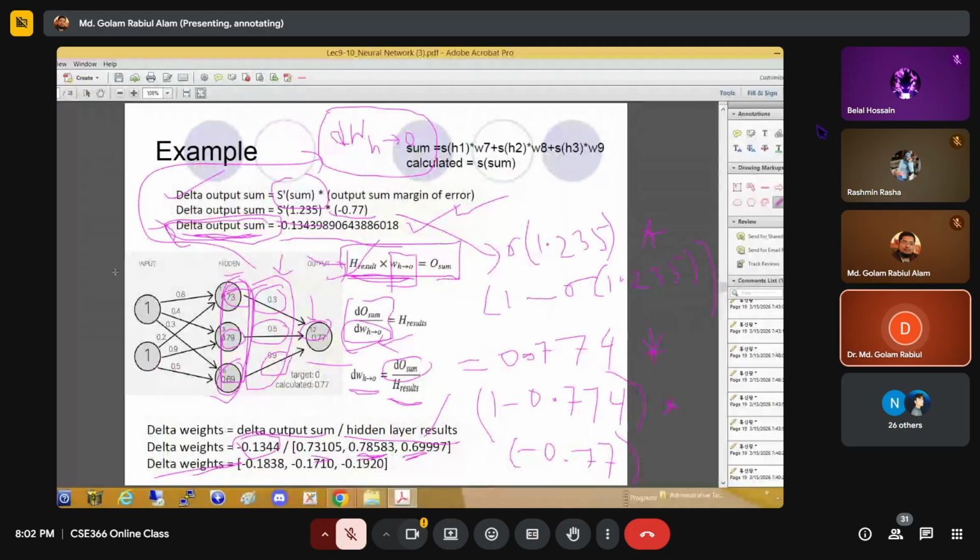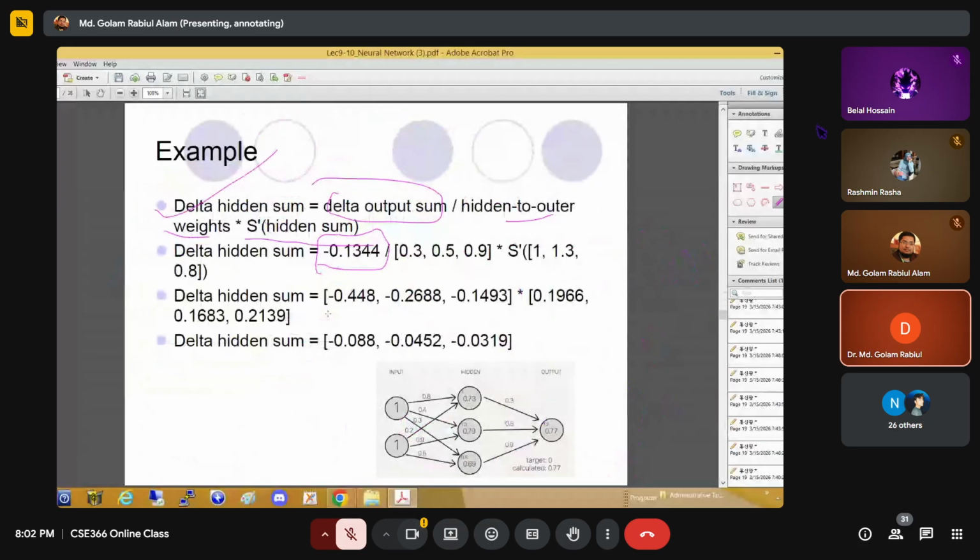So this is the delta output sum, negative 0.134. That value is divided by the hidden to output layer weights. These are the weights: 0.3, 0.5, and 0.9. And times the derivative of sigmoid of hidden sum.